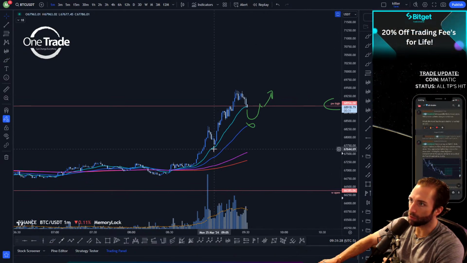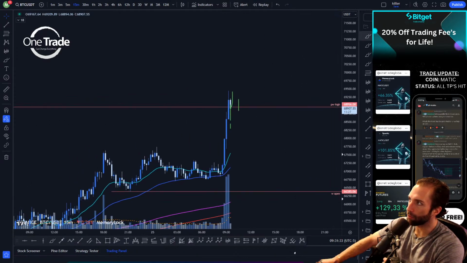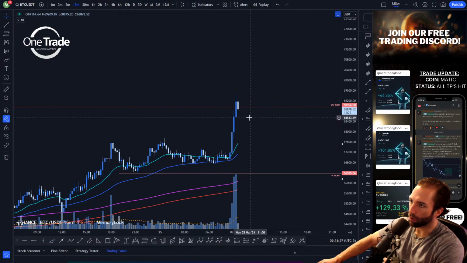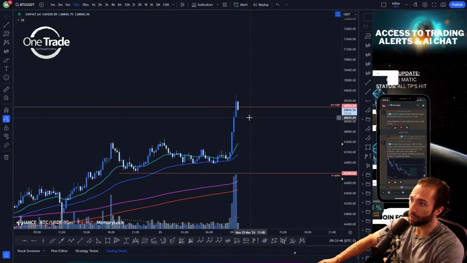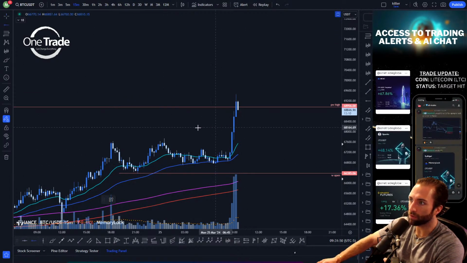And let's go to a 15-minute. I'll make the assumption that we're not going to take out this low, although it's a wickless low, so I don't really like that. I don't really like that at all, actually. But let's just take a look at where that is on the lower time frames.